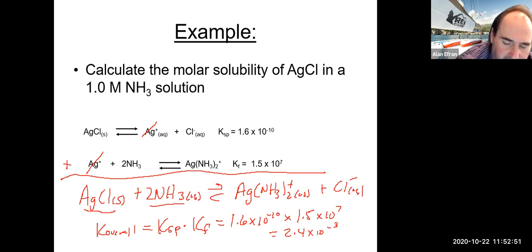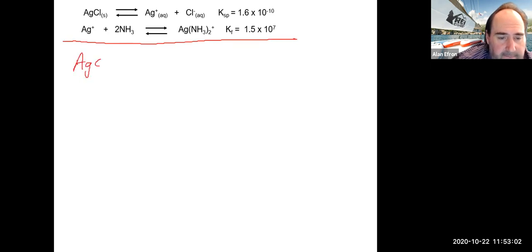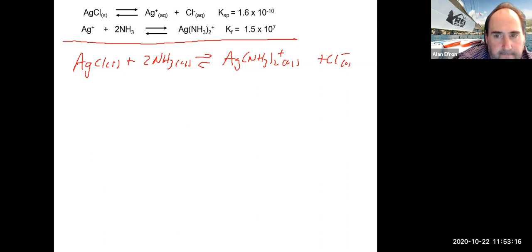What we want to focus on at this point is the overall reaction. From adding those together, we get silver chloride plus ammonia making our complex ion, and our K here is 2.4 times 10 to the minus 3.